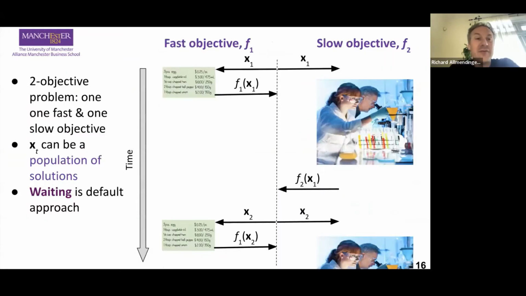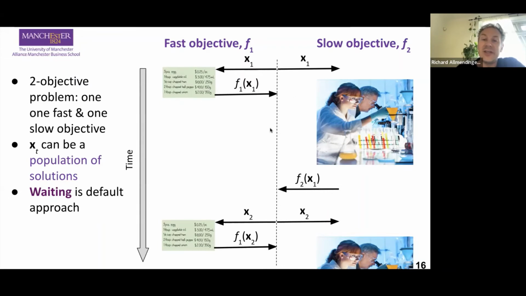To give you an idea about this problem, imagine again a 2-objective problem, one fast objective and one slow objective. Imagine you have a standard optimization algorithm that is blind to the duration it takes to evaluate an objective. That algorithm would send a solution or a population of solutions for evaluation. Whilst one of the objectives, the fast one, would be evaluated quickly, the other one would take longer.